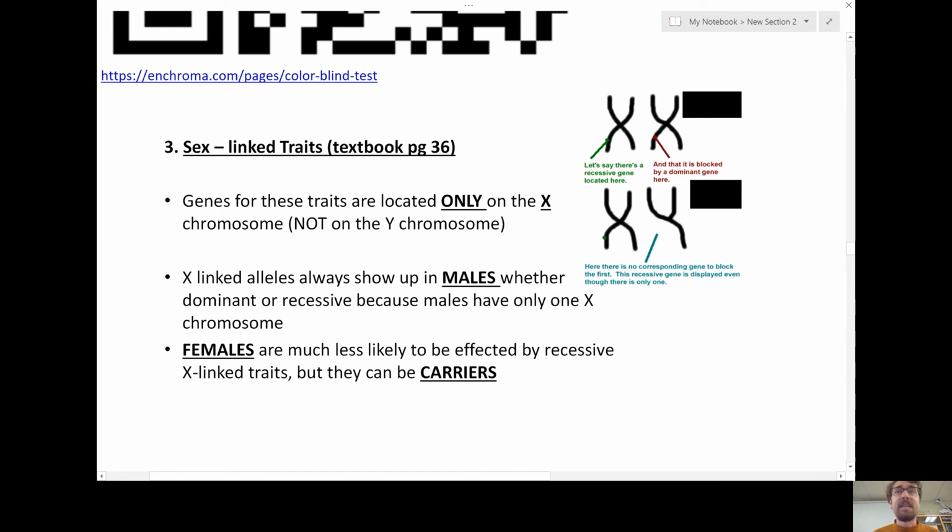And if there's a recessive trait on the X chromosome, there's nothing on the Y chromosome that could potentially block that trait. So females are much less likely to be affected by a recessive X-linked trait, because since it's recessive, they need 2 copies of it. Males only need 1 copy of it. However, they can carry this trait and potentially spread it or have an affected male offspring.